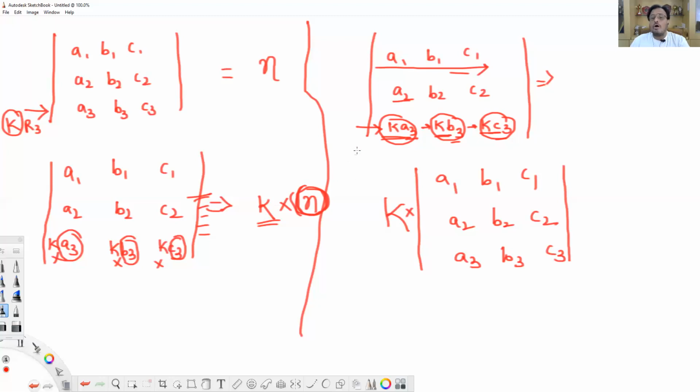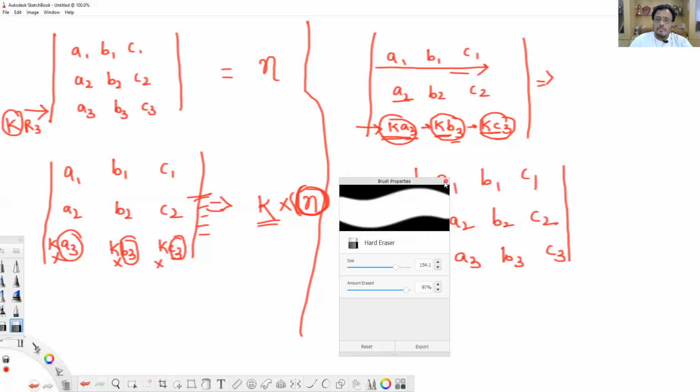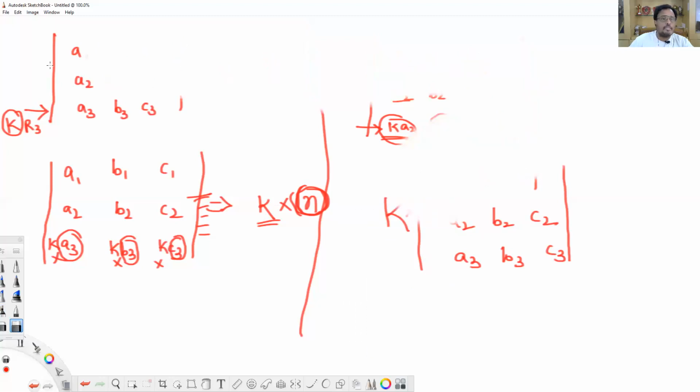Or in any row or any column, if there is a common factor, the common factor can be taken outside the determinant. Now look at this. I'll write the property and explain this part.